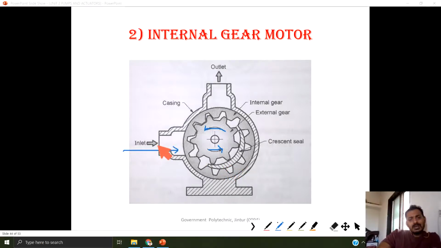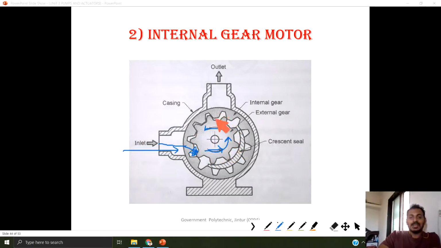Now when we provide the pressurized fluid, it fills this pocket and applies the force on the teeth of both the external and the internal gear, forcing the gears to rotate. If this is provided from the inlet side, then it rotates in the anti-clockwise direction.